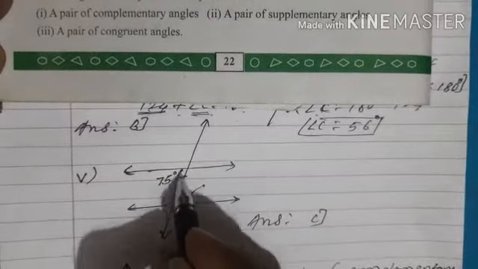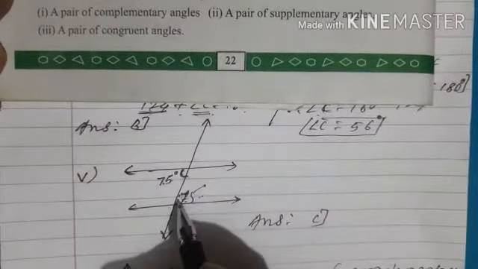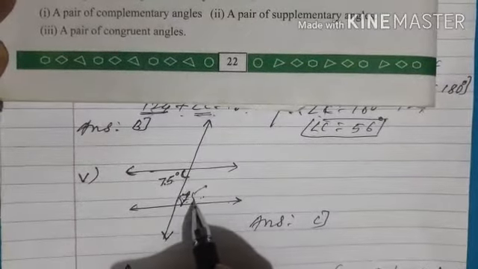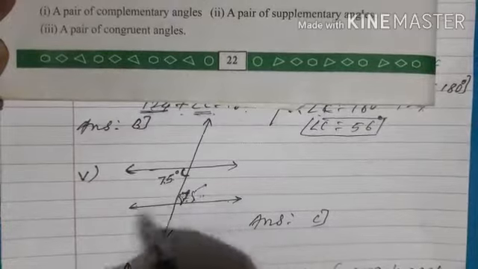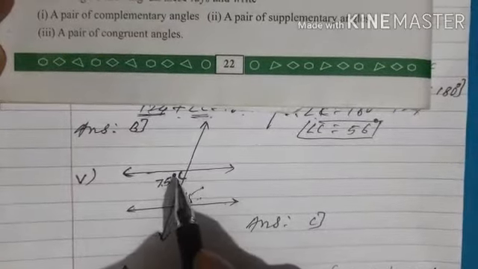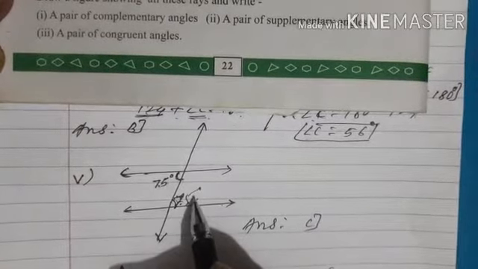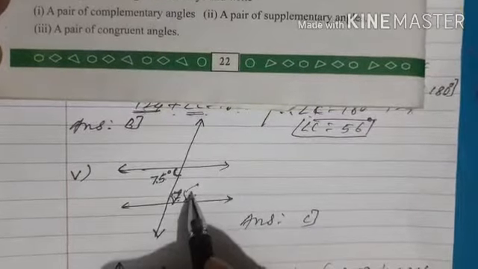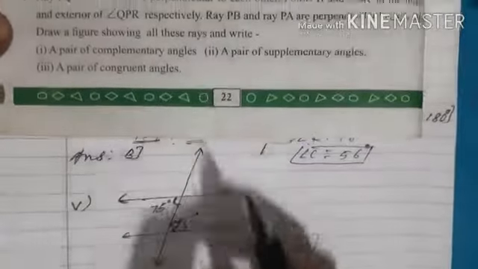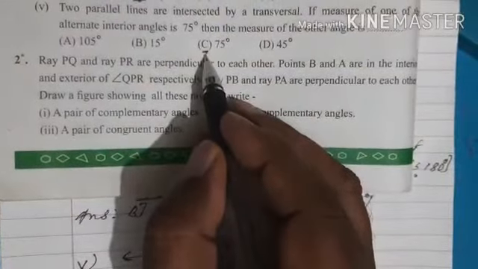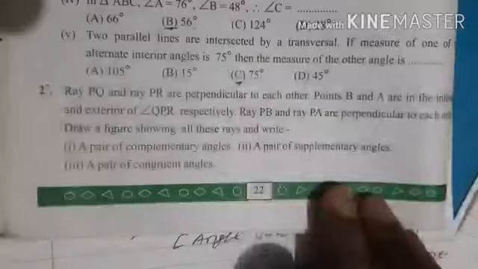Therefore its alternate interior angle, this one, also 75 degree, because lines are parallel and then the alternate interior angles are also congruent, hence this is also 75 degree. The answer is this one, option C.